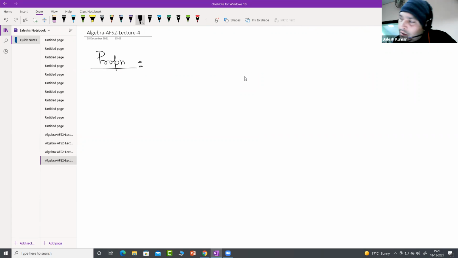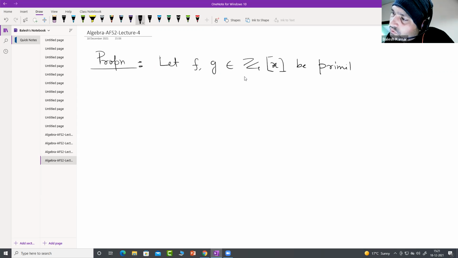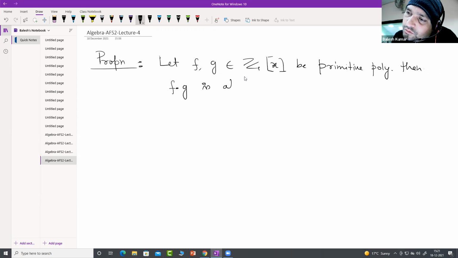Let f and g be two integer polynomials which are primitive. Then their product f times g is also primitive.